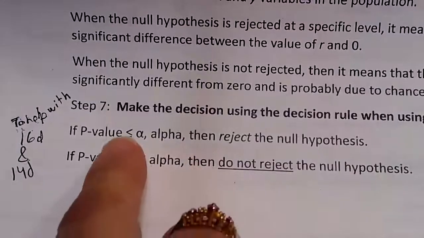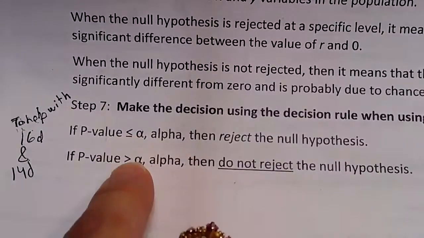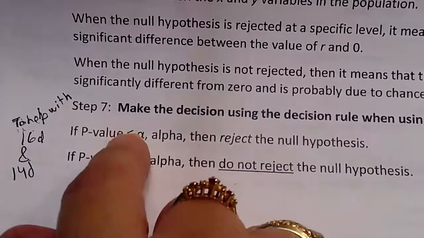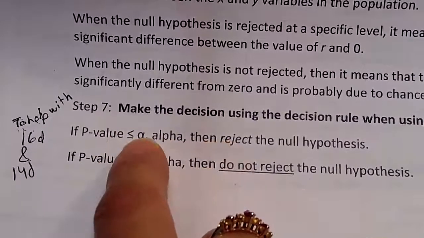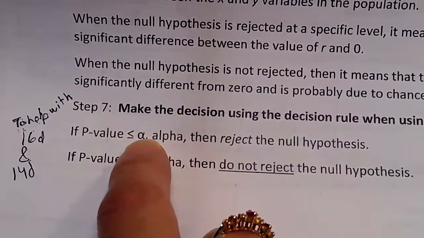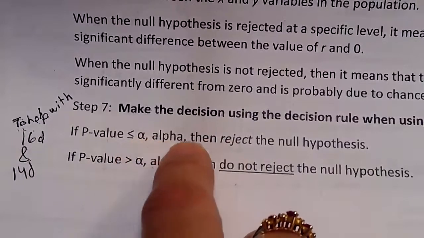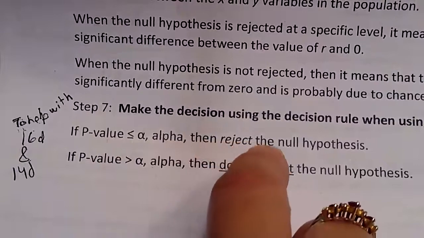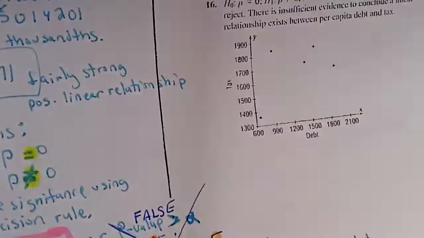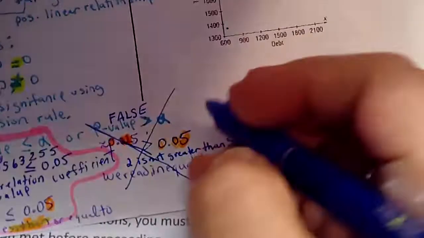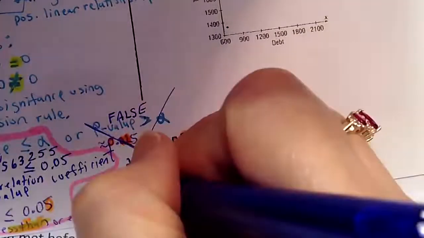See which one was true. The first one, the second one. This one was true. This one was false. So look what I have to write. Since this one was true, our p-value was less than or equal to alpha. We have to say that we're going to reject the null hypothesis.